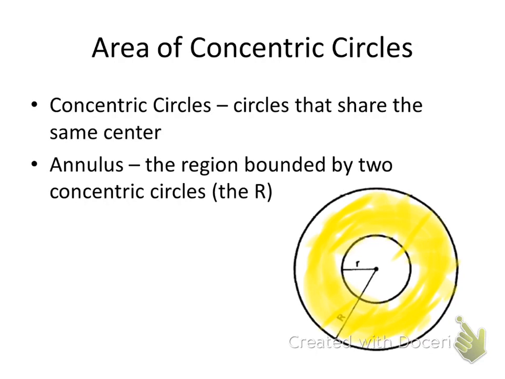So the area of the big circle will tell me what the entire area is, but I will have to subtract the area of that small circle to determine the area of just that annulus, or the section that I have shaded in.